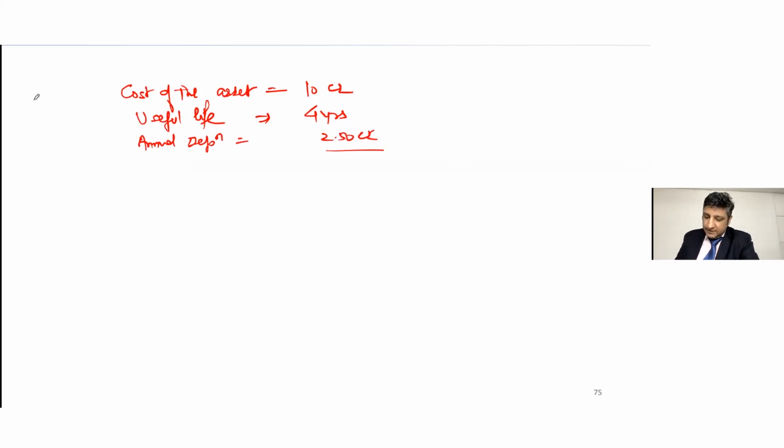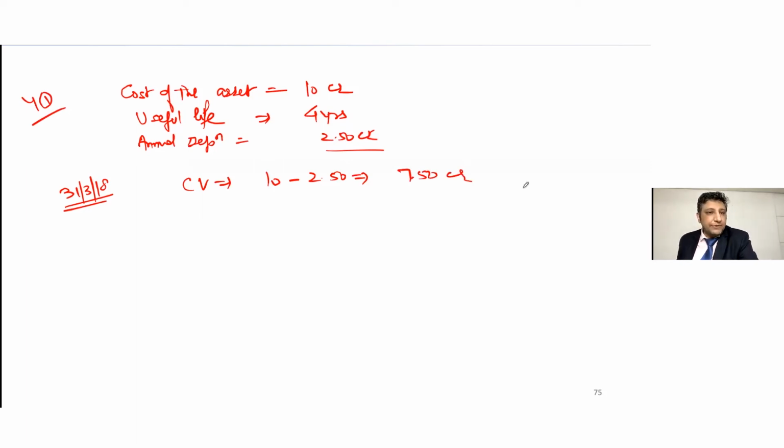That is for the year 1, which means that at the end of year 1, 31st of March 18, my carrying value will be 10 minus 2.5, that becomes 7.5 crores.